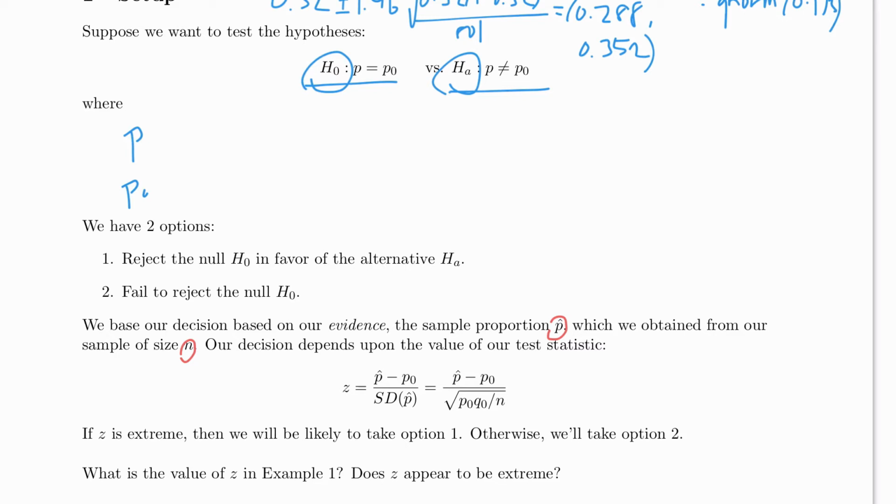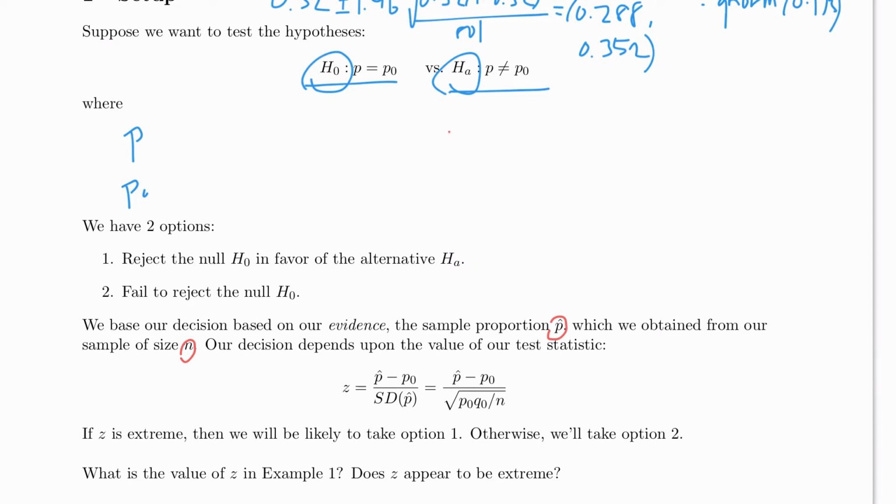We already know the behavior of p hat based on the central limit theorem, if only we can nail down a true population proportion to consider. So in this case we do, because when we assume the null hypothesis to be true, we simply assume that P is equal to P naught.